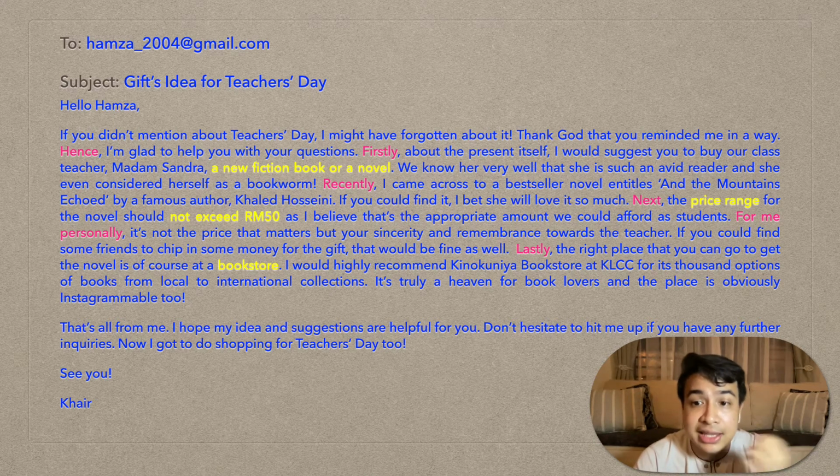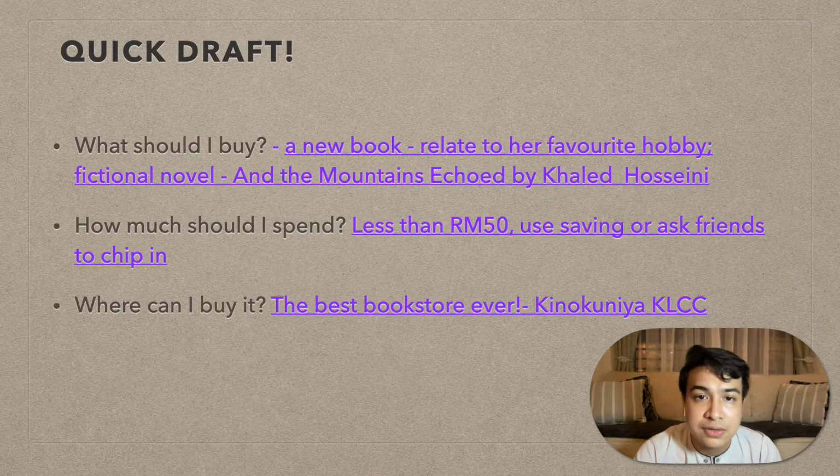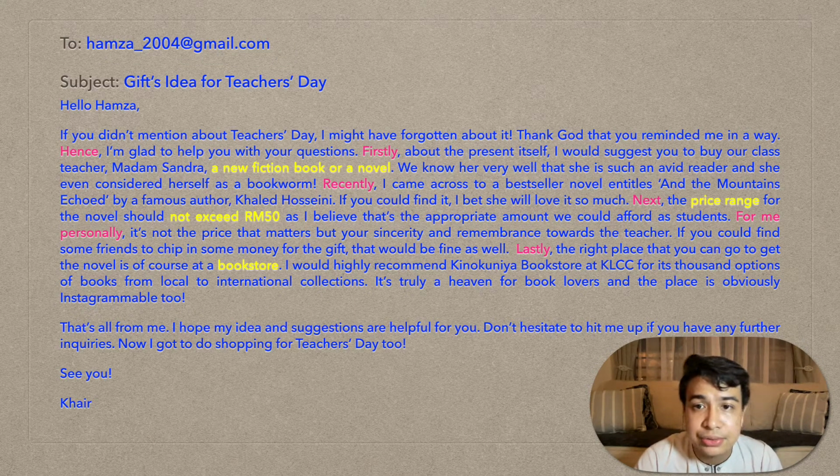Now let's look at the elaboration and the example. We know her very well that she is such an avid reader and she even considers herself a bookworm. This is related to what we drafted just now, her hobby. Like I said, I changed it to avid reader. So she loves to read a lot, that is what avid reader means.